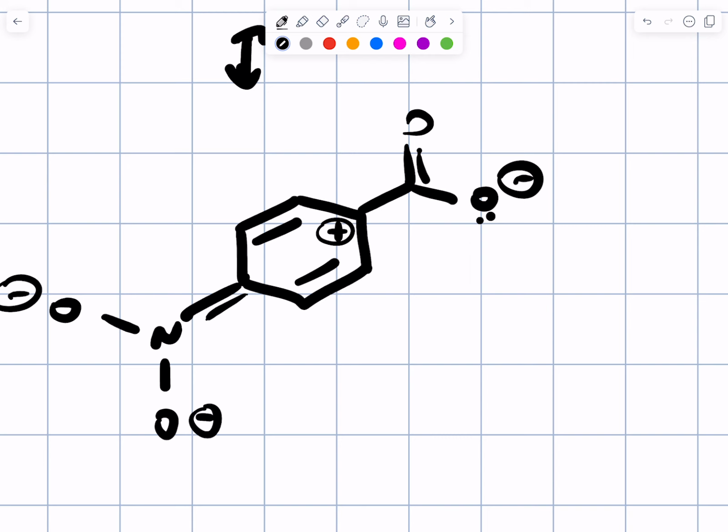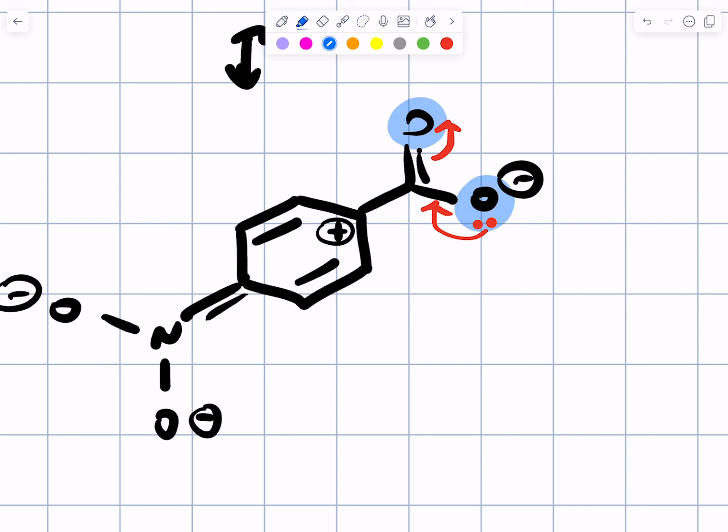Is there any way for me to push arrows to move the electrons on the conjugate base into the benzene ring? There's not really. I can delocalize the lone pair electrons on the carboxylic acid oxygen out onto either oxygen.